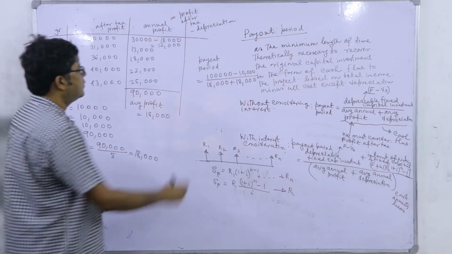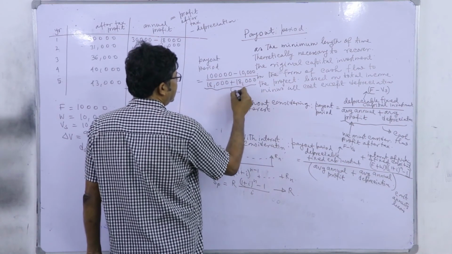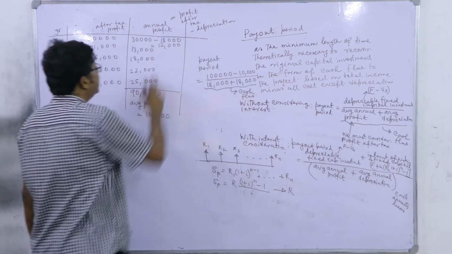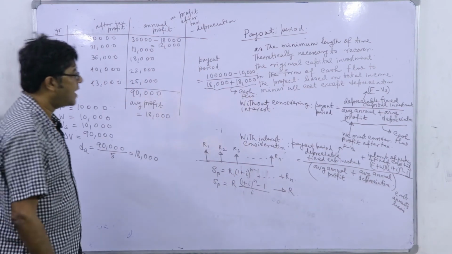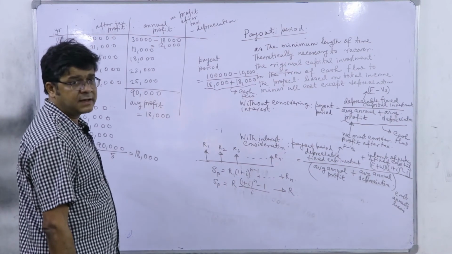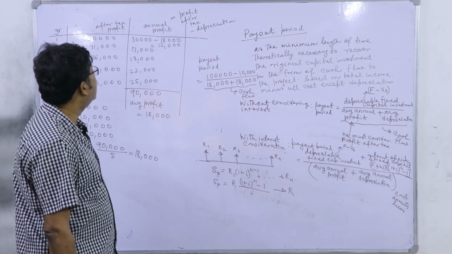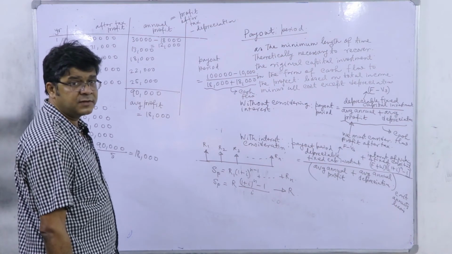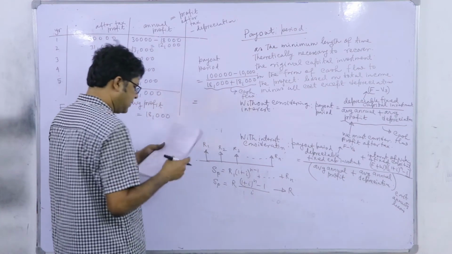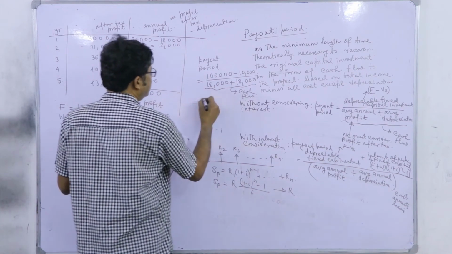Right. So, together it will be the cash flow. And here it is the annual profit, net profit. So, cash flow and net profit are different. Right. So, profit after tax plus depreciation is cash flow, and profit after tax minus depreciation is the net profit or annual profit. So, we get an answer of 2.5 year.